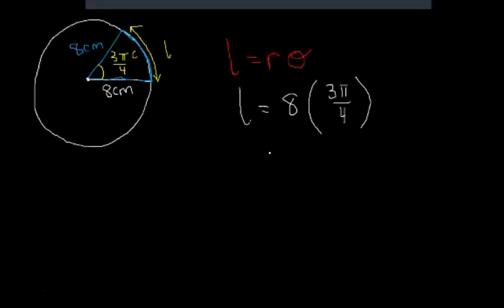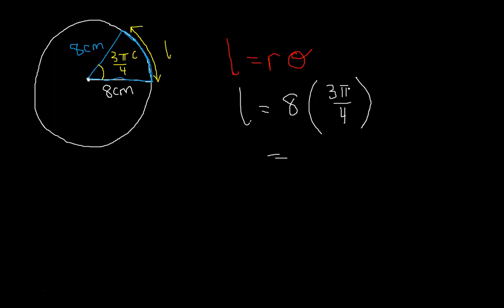Therefore, all I need to do to find the length of this arc is to punch this into my calculator and get the value. Can anybody tell me what's the value? Okay.